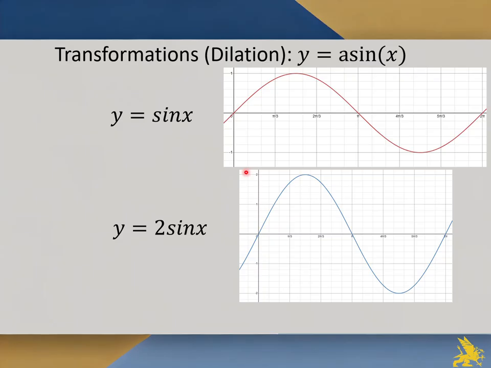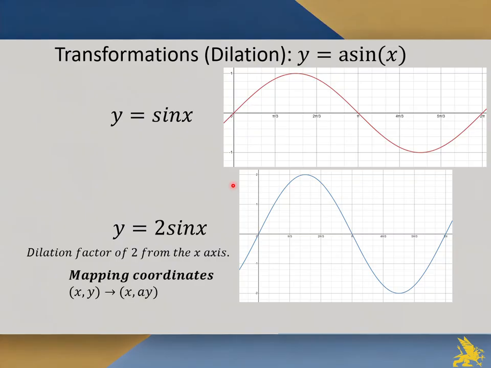For example, if we have 2 sine x, it's a dilation factor of 2 from the x-axis because it's pushing away from the x-axis. So this point here, when it would have been 1, has been multiplied by 2 to get to 2. That is a dilation factor of 2. That means whatever our y value is, we are just multiplying it by 2.